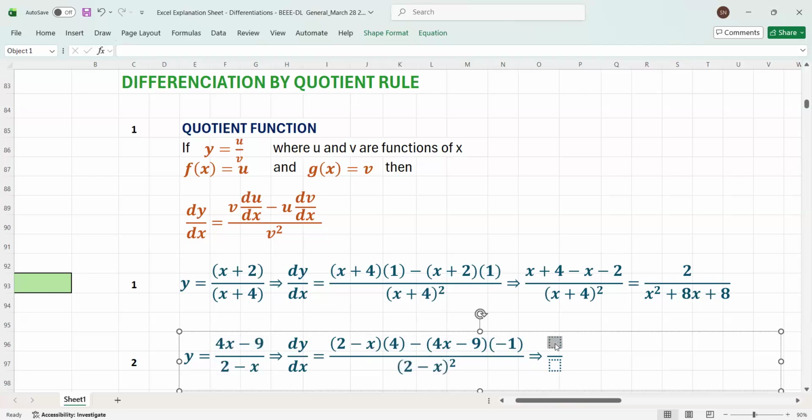When I expand the numerator, I'll get 8 minus 4 times x, which is 4x. And then on the right-hand side, I'm going to get -1 multiplying -4. That will give me positive 4x.